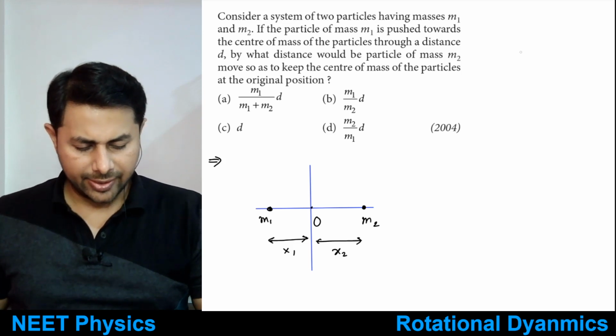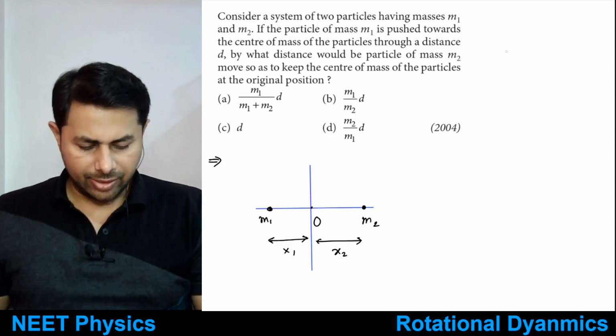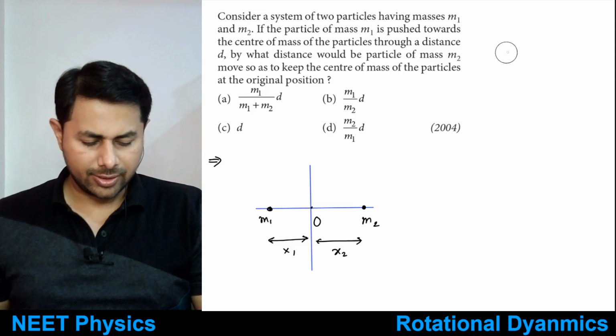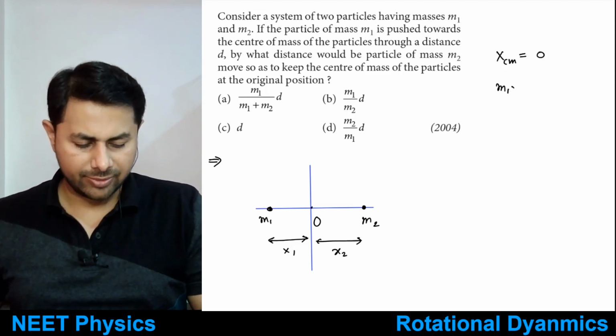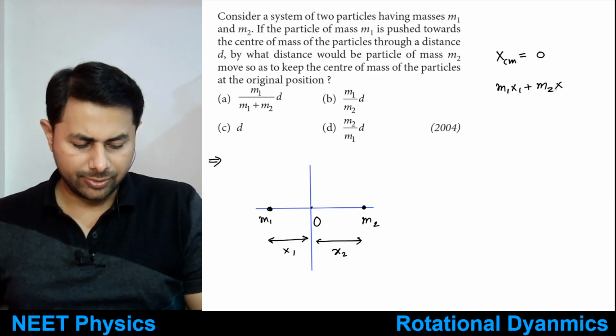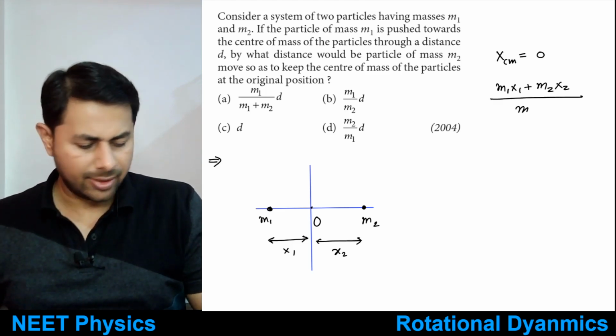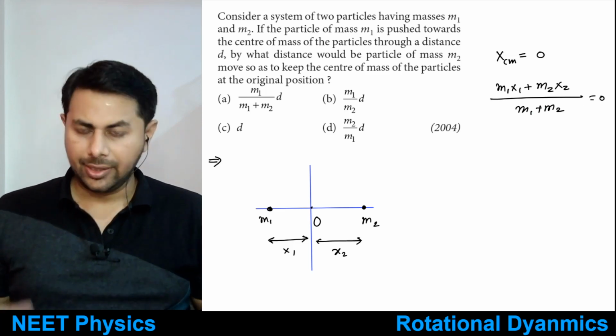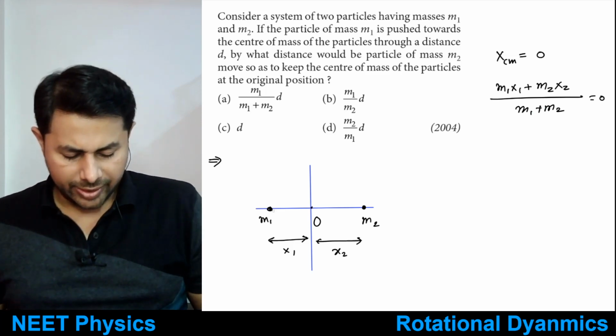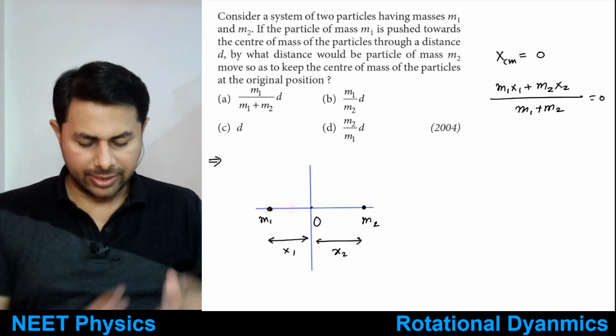Okay, so let's check. See, x coordinate of center of mass is 0. So that means m1 x1 plus m2 x2 divided by m1 plus m2 is equal to 0, right? Then now what you are doing is you are pushing this particle towards the center of mass.